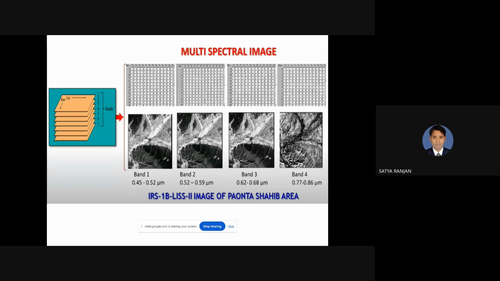Some spectral bands are absorbed more in water bodies, and others are reflected more. That is why the result is different. After combining all these bands, we get the color images.